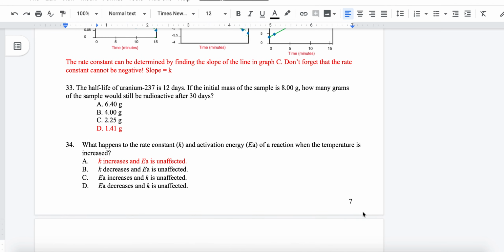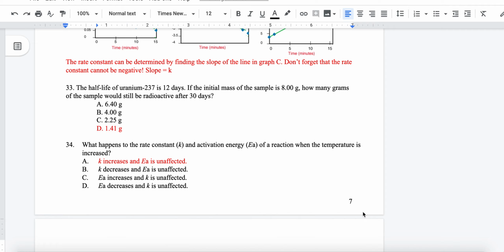33 is half-life. So feel free to jot down a little table that might show how half-life is going to change. We know the half-life of uranium is 12 days. If we started with a sample of 8 grams, how much of the sample will be radioactive after 30 days?